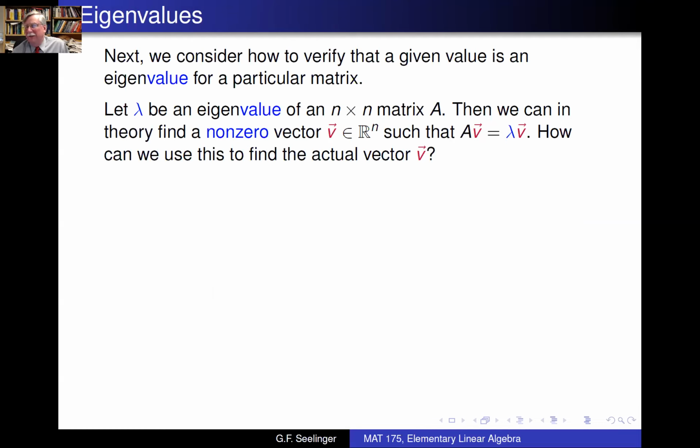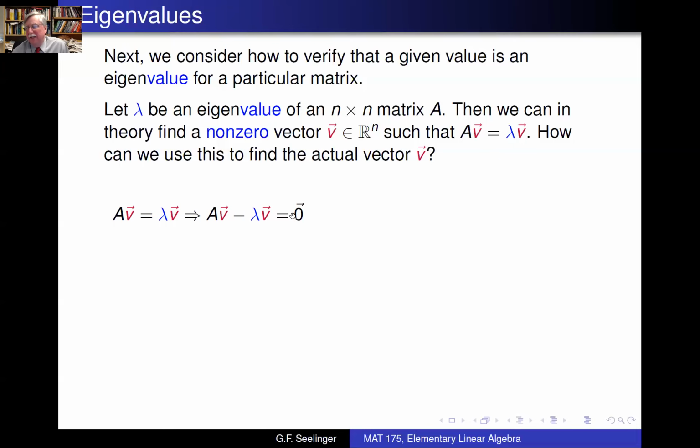So how can we find the actual vector v that's involved? If I assume AV is equal to lambda v, as the definition requires of an eigenvalue, I can bring the lambda v over to the other side of the equation and have AV minus lambda v is equal to 0. Now the problem is I can't factor out this v, because otherwise I get A minus a scalar. It doesn't make any sense.